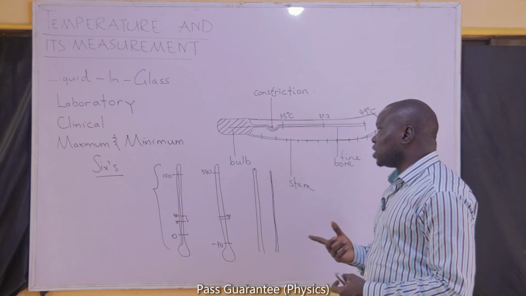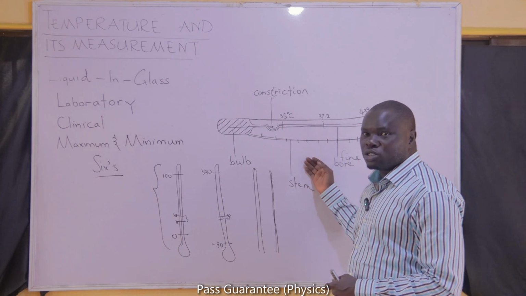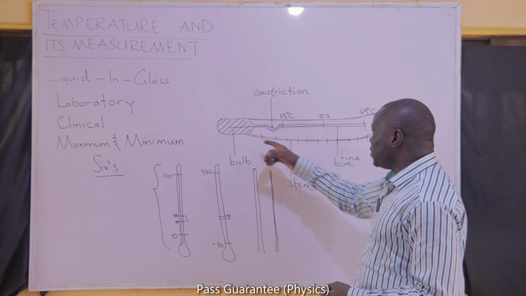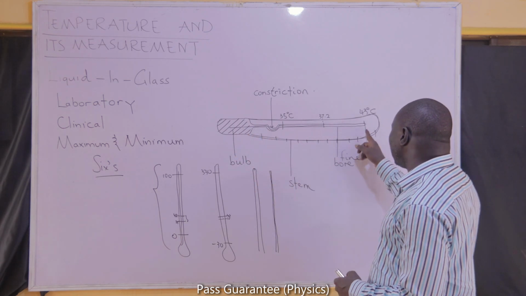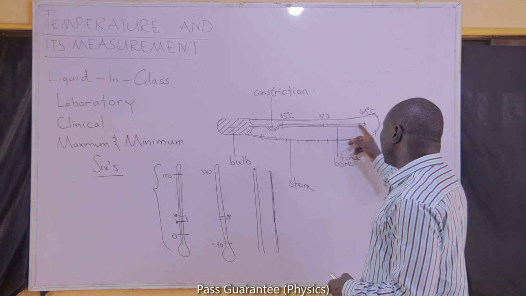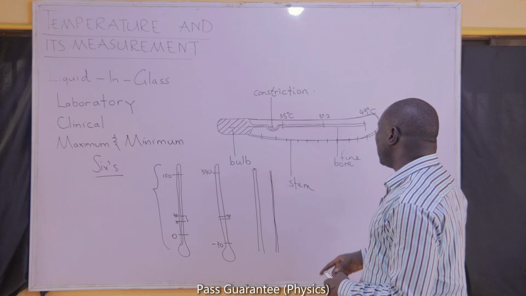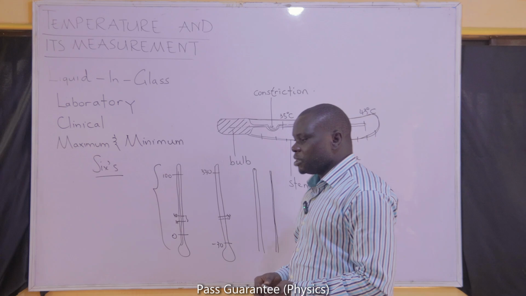Why? Because we expect that it will attempt to measure the temperature of the hot water. And if it does that, remember that the temperature of hot water is 100. The maximum temperature that it is designed for is 43. If it attempts to measure 100, there will be an excessive expansion of that mercury beyond what this thermometer can take, and you can actually damage it.